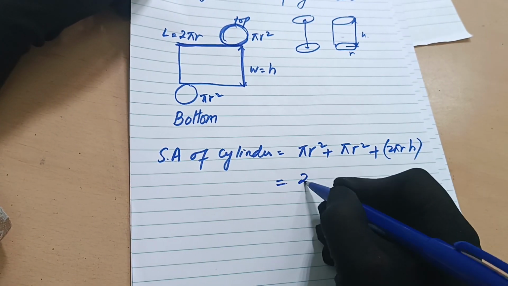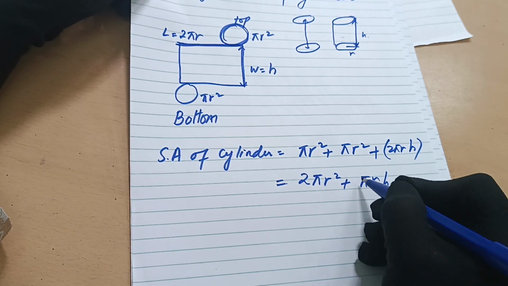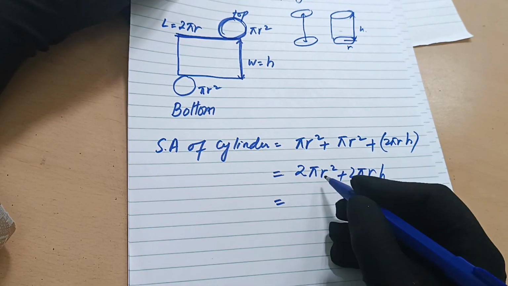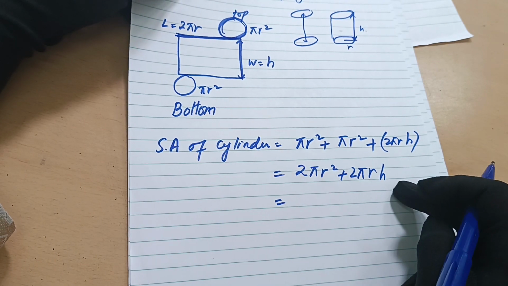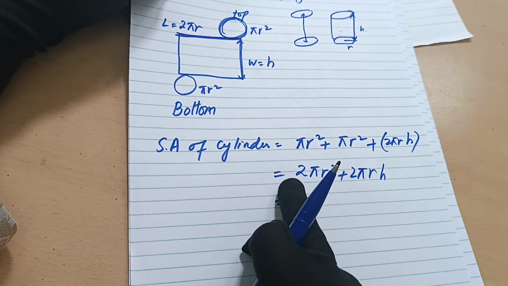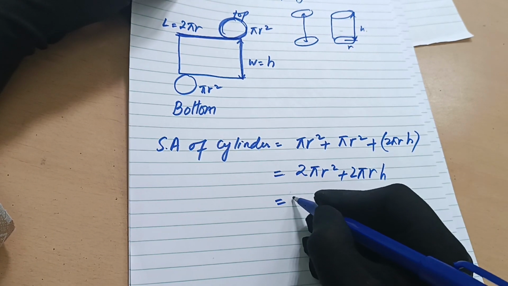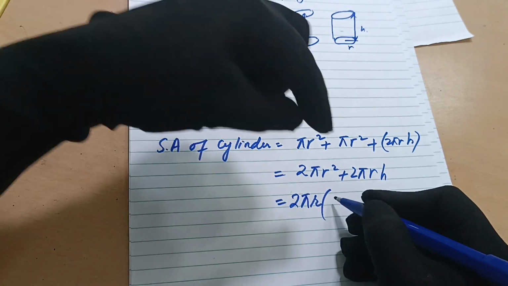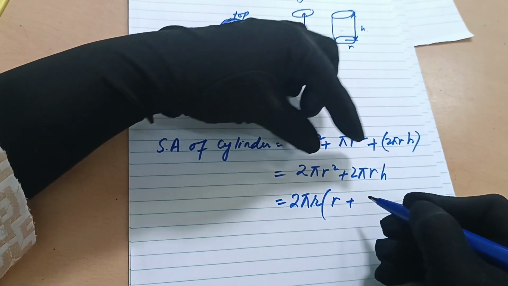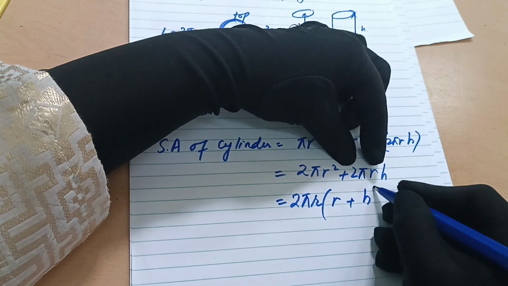We can collect it like 2 pi r square plus 2 pi r h. We can also take 2 and pi common, and r common, so 2 pi r in this term, r left, in this term 2 pi r common, so h left.